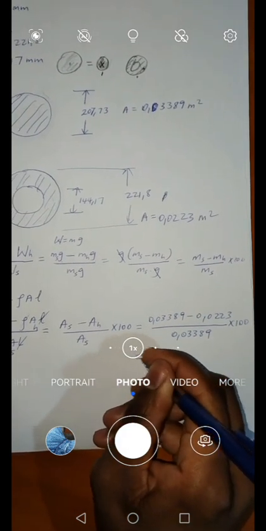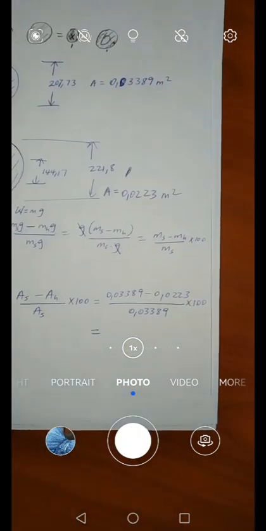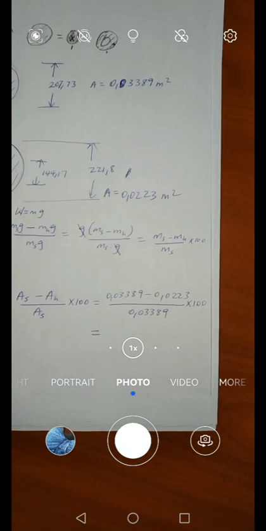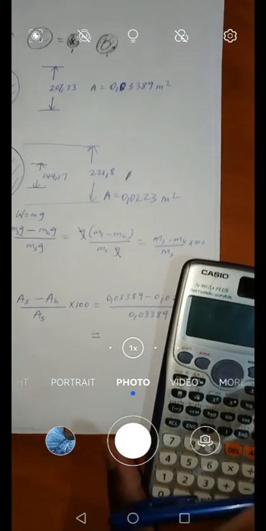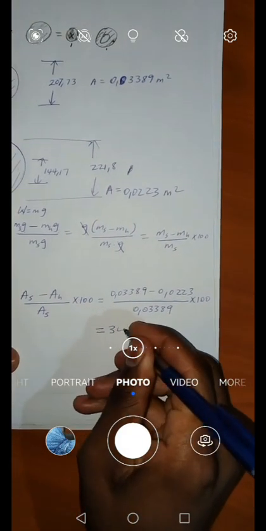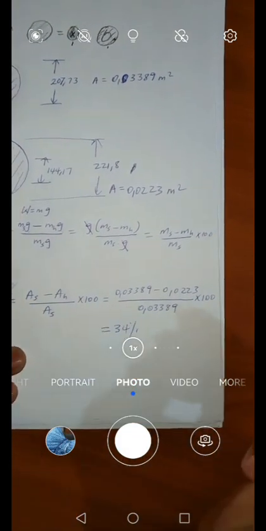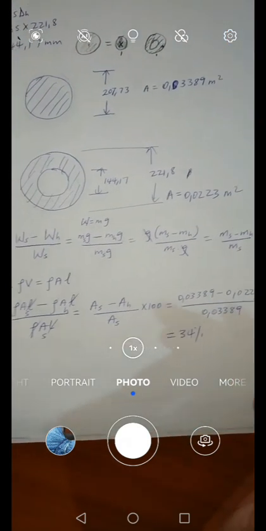So from your calculator, you'll get what? Hopefully you'll get 34.34%.